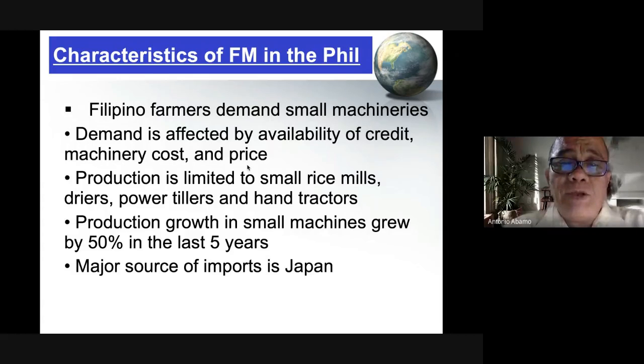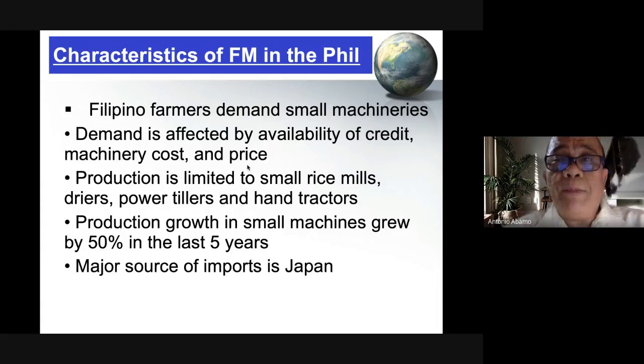Okay, the major source of imports of farm machineries is Japan. Now, we have locally manufactured machines though, but the prime movers, meaning to say the engines, actually are imported.